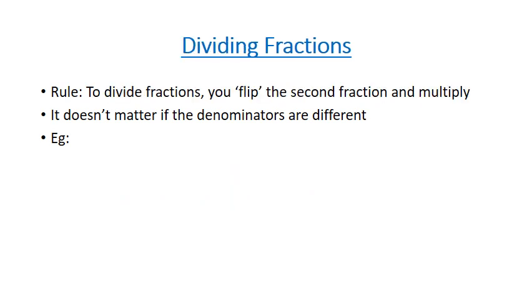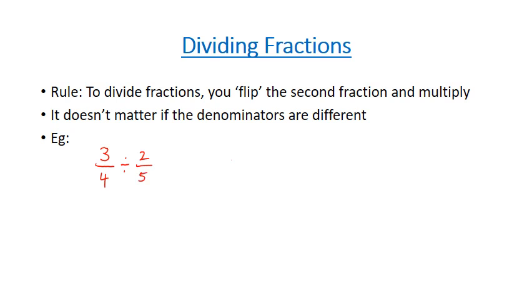Now, when you're dividing fractions, essentially what you need to do is flip the second fraction, and what this does is it creates a reciprocal fraction. If we're going to use our example from before, we had 3/4, we were timesing by 2/5, but this time we're going to divide by 2/5.